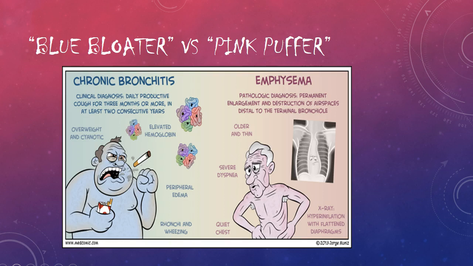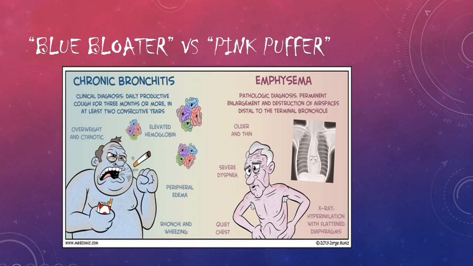They are at risk for ineffective airway clearance because of all the mucus buildup. The chronic bronchitis person tends to be a little bit more overweight, more cyanotic. They are more at risk for right-sided heart failure, so they might have some peripheral edema because of that.